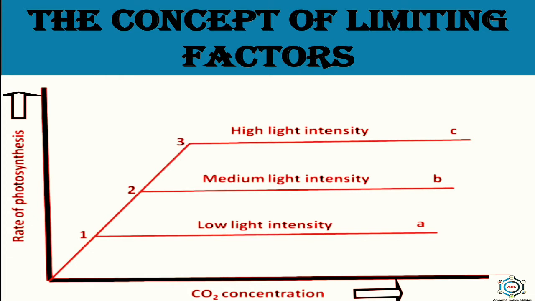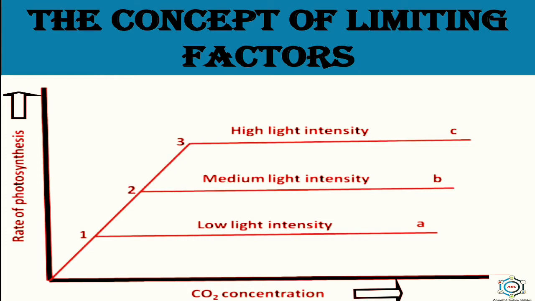Now, suppose a leaf is exposed to such light intensity which allows the leaf to utilize 5 mg of carbon dioxide per hour, and if carbon dioxide is totally absent from the atmosphere, the photosynthesis will not occur. Now, an increase in the amount of carbon dioxide in the atmosphere will increase the rate of photosynthesis.